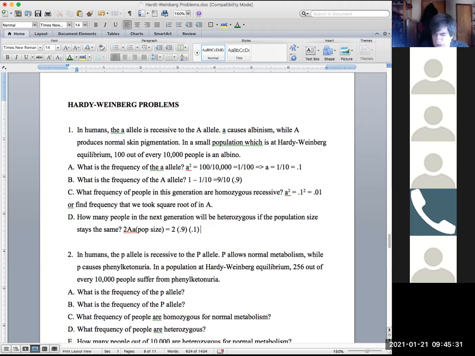And it says the population size stays the same. So we've got to go up to our original information. So we're talking about 10,000 people. So we have 2 times 0.9 times 0.1, and then we multiply by 10,000. And we're going to get 1,800, I believe, if I did my math correctly.